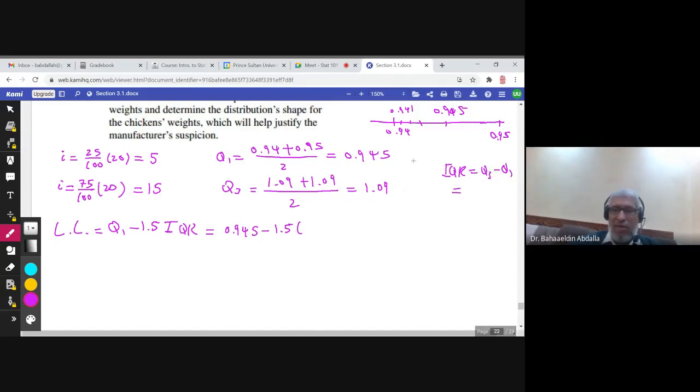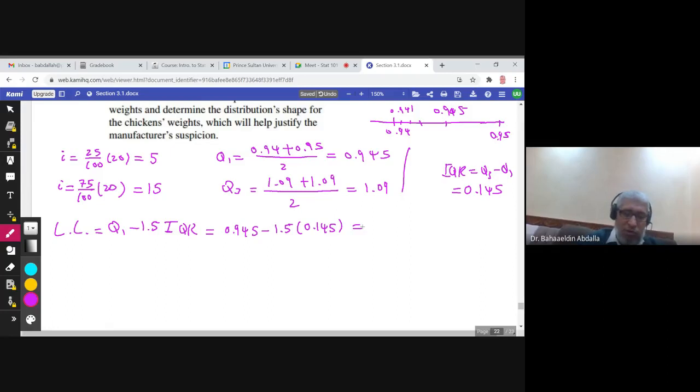So if you subtract 1.09 minus 0.945, you will get 0.145. So that's the IQR.